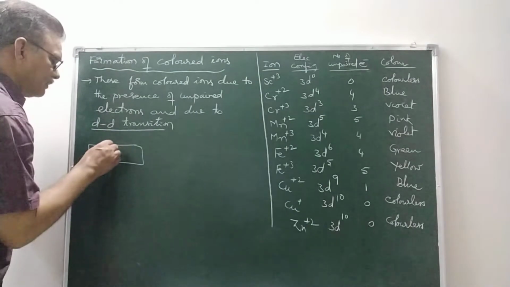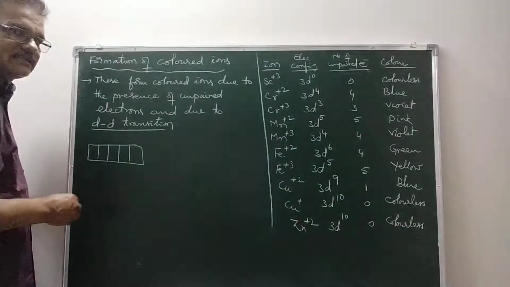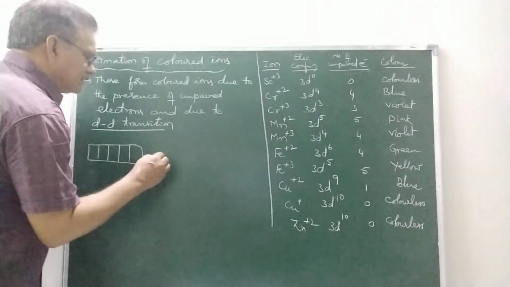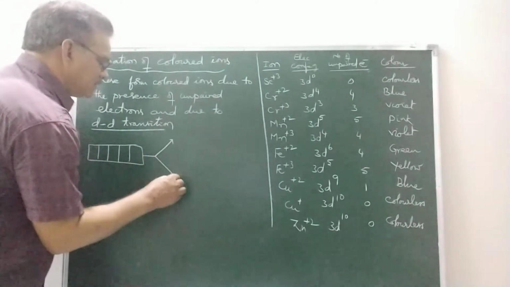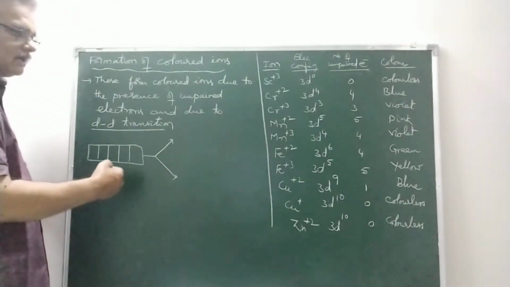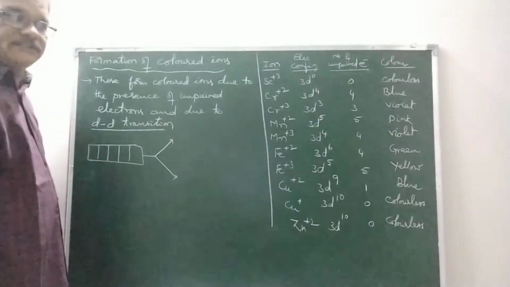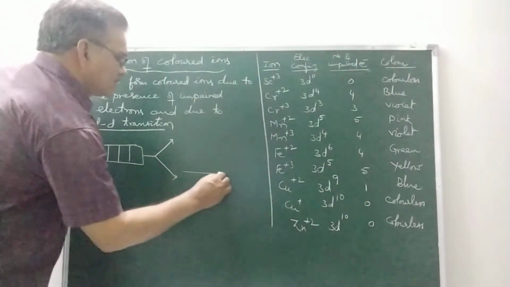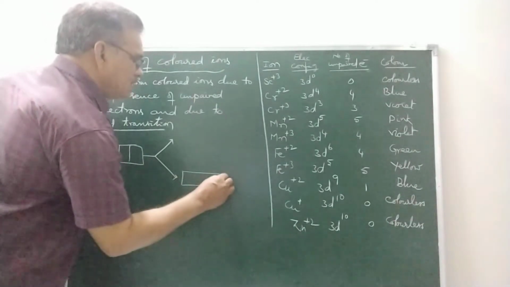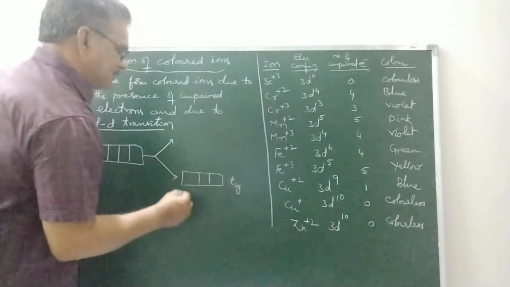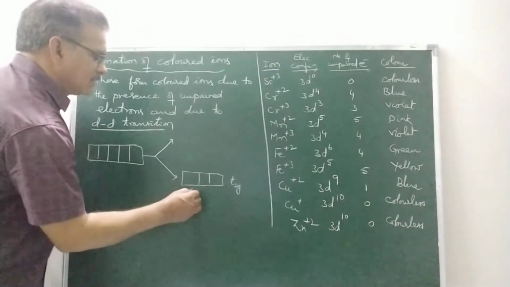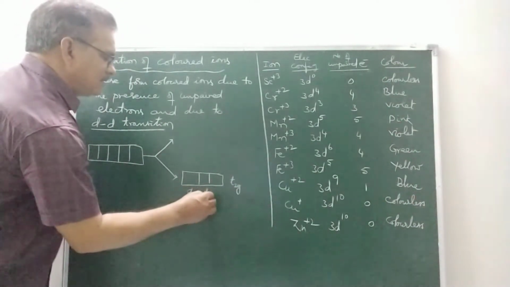The 5 d orbitals lose their degeneracy and split into two sets, one set with lower energy and one set with higher energy. One set is called T2G orbitals, that is dxy, dyz, dzx.